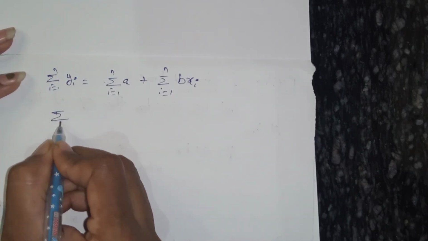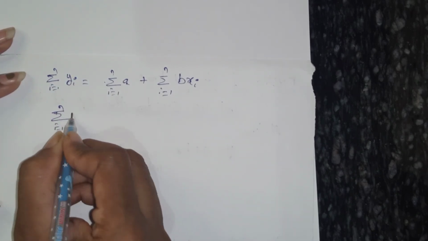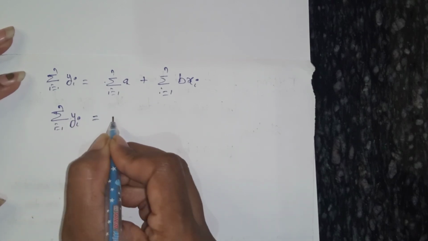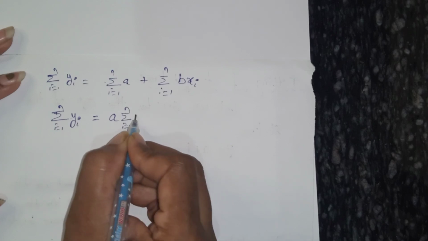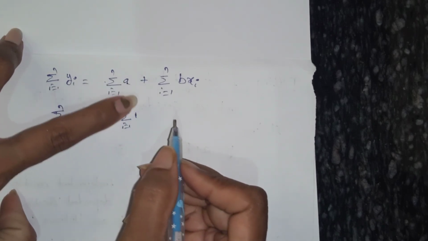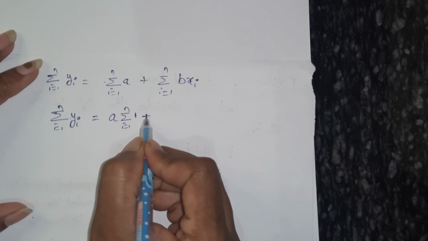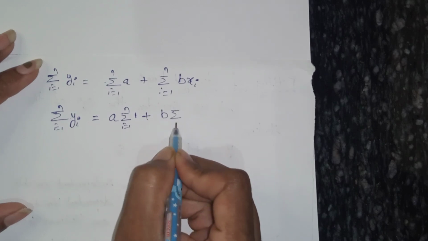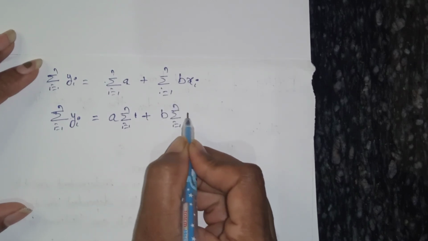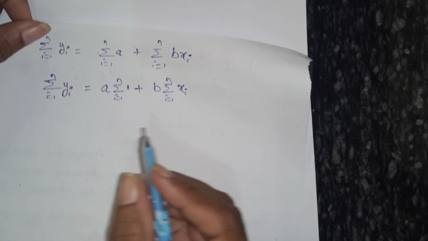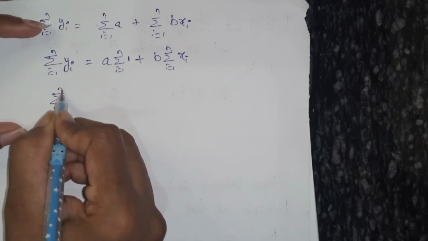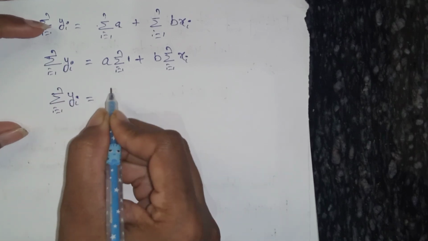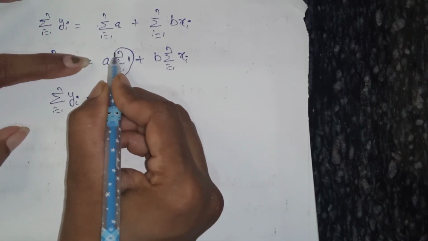So summation i equals 1 to n yi equals a summation i equals 1 to n 1, where nothing else is there, so we keep 1 here, plus b summation i equals 1 to n xi. Again, summation i equals 1 to n yi equals, this whole summation becomes n.